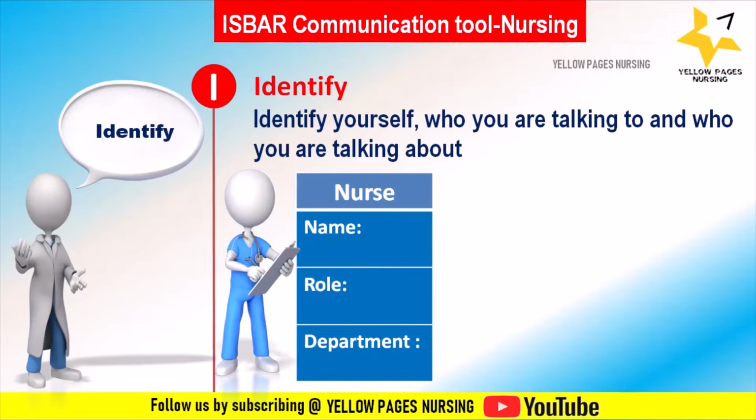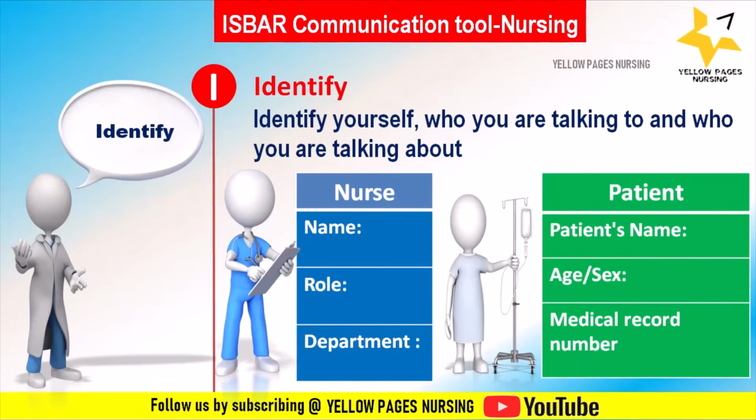And in the same way, the nurse identifies the patient by using a minimum of 2 identifiers: patient name, age or sex, medical record number. Some highlight the patient details in the first component of ISBAR and some highlight them in the second component of ISBAR, that is situation.